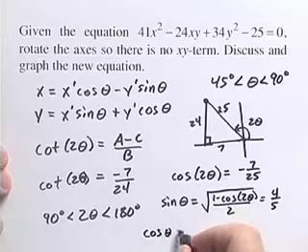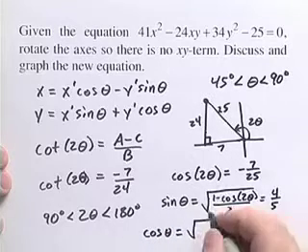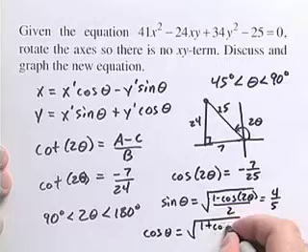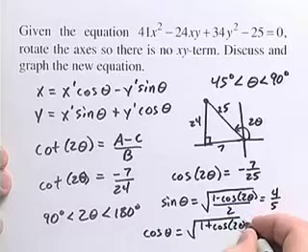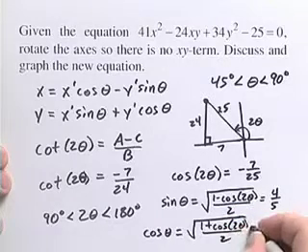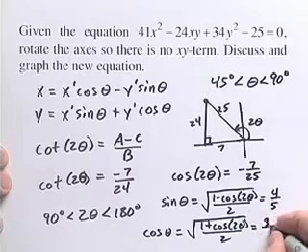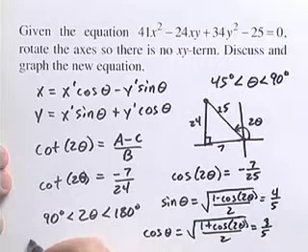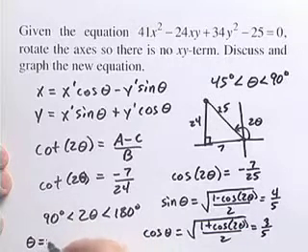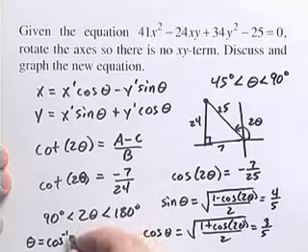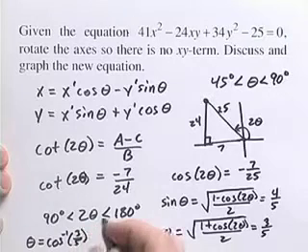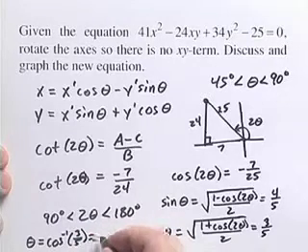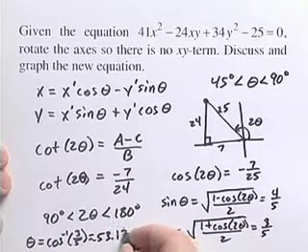The cosine of theta is equal to the square root of (1 plus cosine 2 theta) divided by 2, which is equal to 3/5. You can find out what theta is. Theta is equal to cosine inverse of 3/5, and that's going to be about 53.13 degrees.